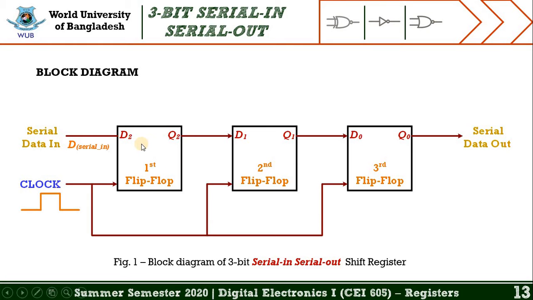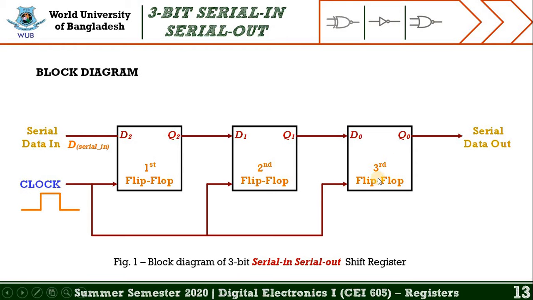The input of the first flip-flop is symbolized as D2, and its output is symbolized as Q2. Similarly, D1 and Q1 for the second flip-flop's input and output, and D0 and Q0 for the third flip-flop.